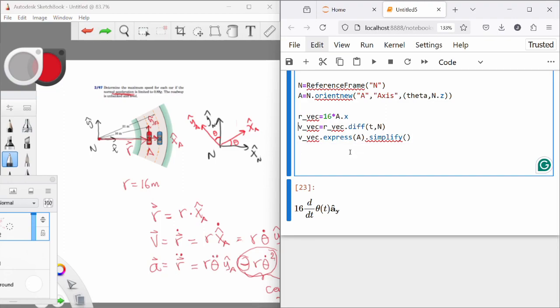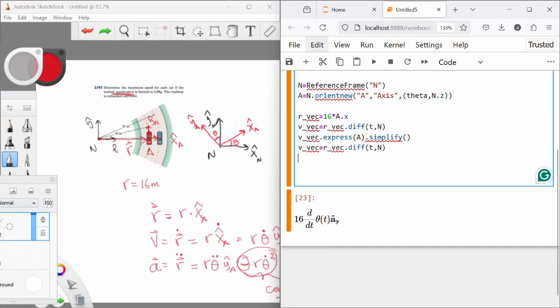Now let's compute the acceleration. I can compute the acceleration by doing the derivative of the velocity with respect to time from the reference frame n, which is our fixed reference frame, and we want to have the absolute velocity and the absolute acceleration of the car with respect to the center of the track.